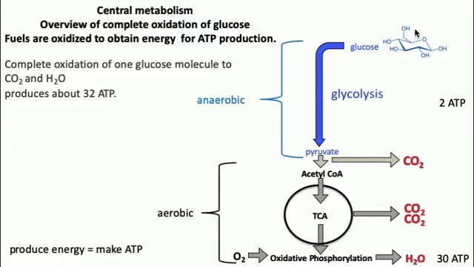That first part, glucose to pyruvate, which is called glycolysis, can be done anaerobically. In turn, pyruvate can be oxidized to enter the citric acid cycle and oxidative phosphorylation to complete the oxidation of glucose all the way down to CO2 and water, in which case it is called aerobic because you need air.